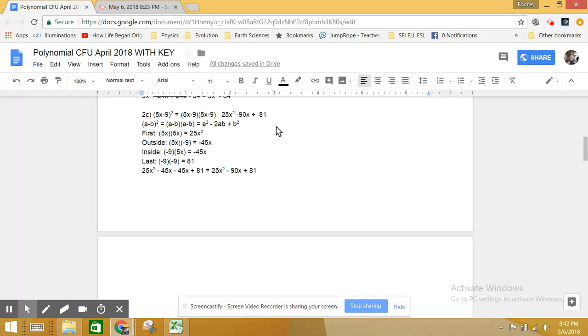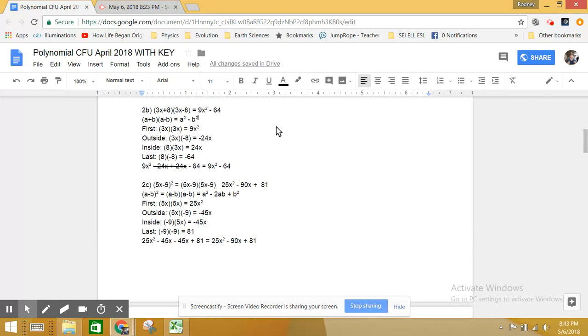I want to make a really strong pitch for practicing the perfect squares if you're having trouble with them. The perfect square special cases and the difference of squares special cases.